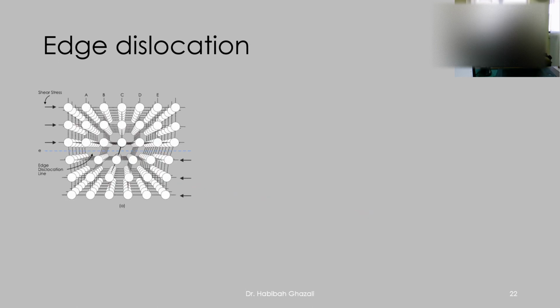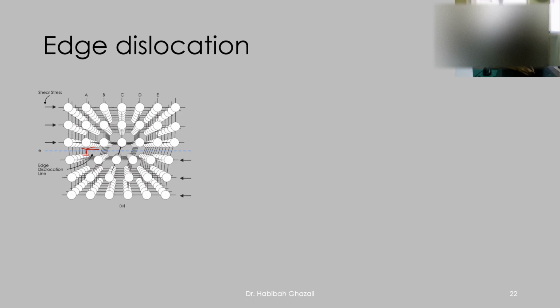As you can see here, if I mark it, this is my edge dislocation. When we apply an external force, here a shear force, what's going to happen is that in this edge dislocation, the atoms at the edge dislocation did not have any bonding with atoms at the bottom of it.